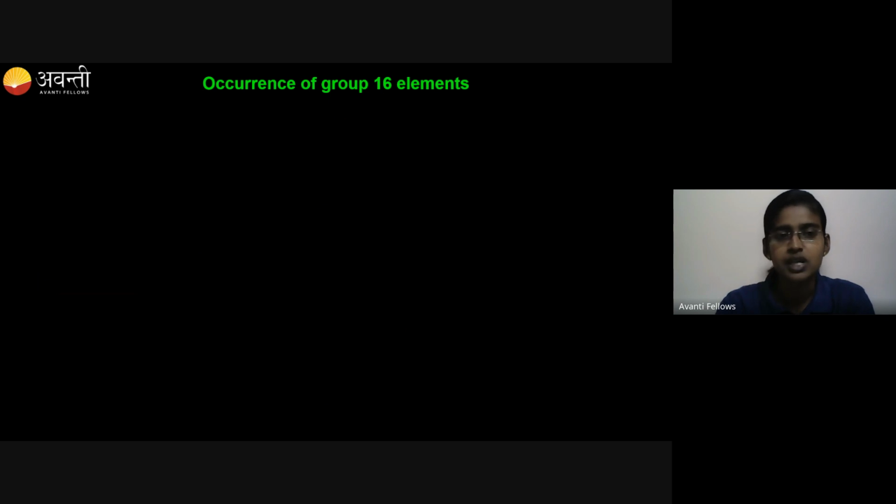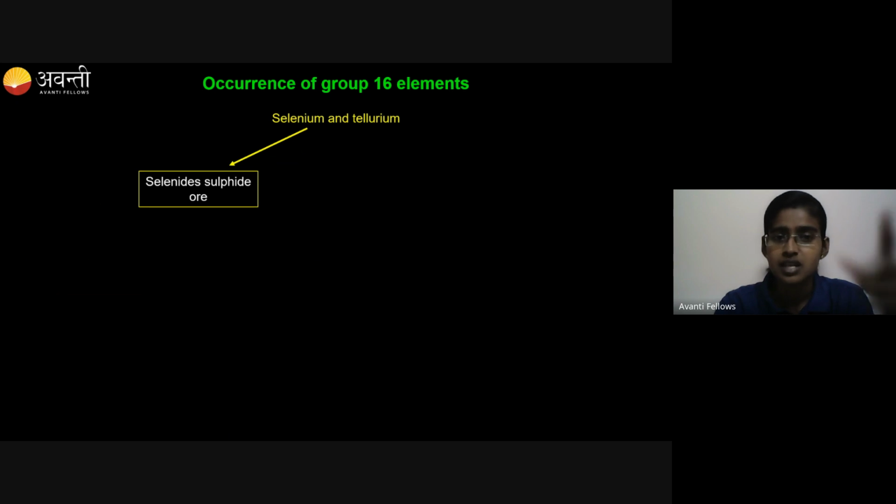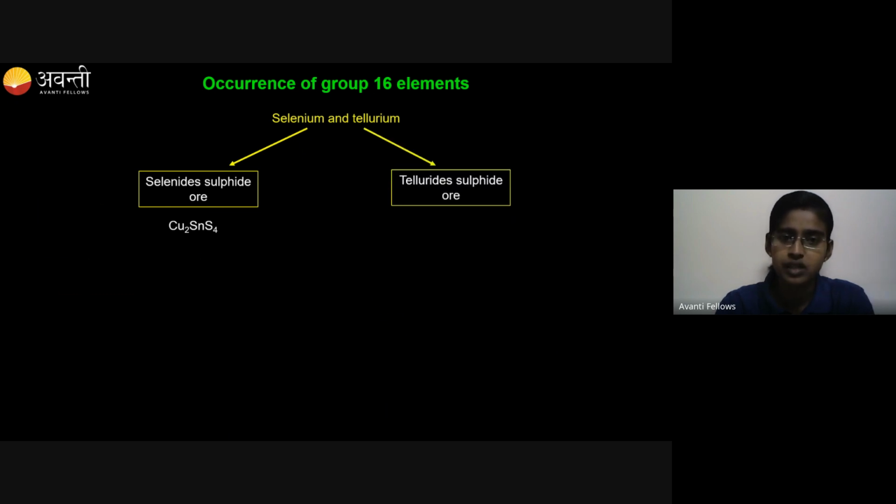Now coming to the next elements, selenium and tellurium. Selenium is present in sulfide ore, that is copper tin sulfide, and tellurium is also present in telluride sulfide ore, that is tellurium and sulfur containing ore. So these two are the occurrence of selenium and tellurium.